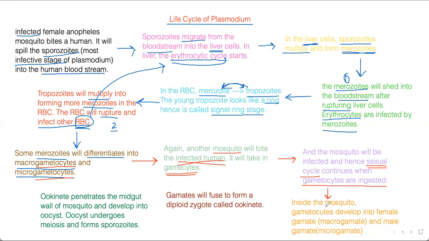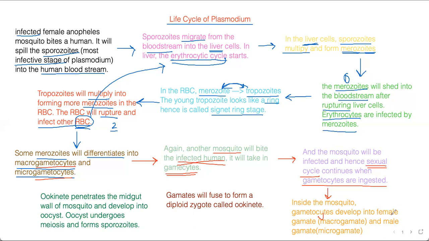Now, in the gut of the mosquito, in the stomach wall or the digestive tract of the mosquito, gametocytes develop into female gamete and male gamete.